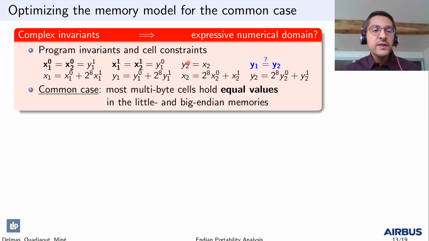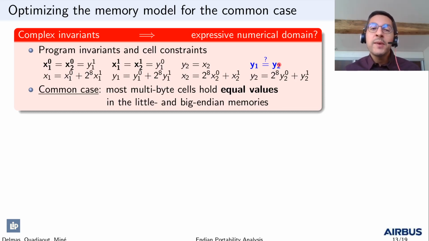However, we notice that many invariants are equalities and many equalities are between the little endian and big endian versions of the same cells. And this is not a surprise as we expect that in a portable program, most multi-byte cells are going to hold equal values in both memories.